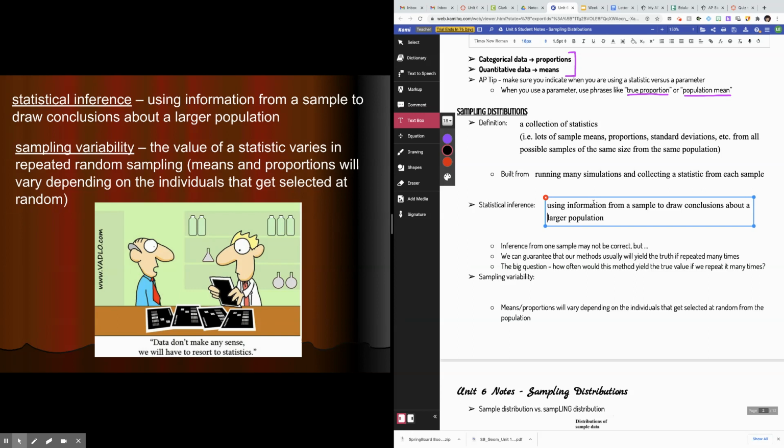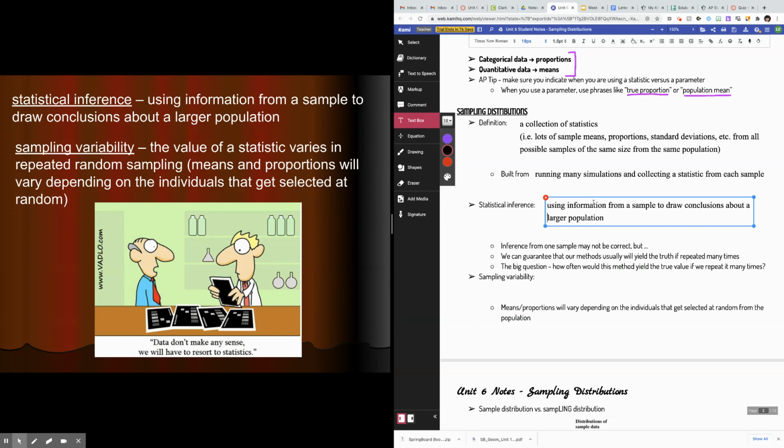We can't guarantee that if you take only one sample, the proportion or the mean that you get will be equal to or even close to the true value. But we can guarantee, because of our use of randomness, that our sample methods will usually yield the truth if we repeat them many, many times.